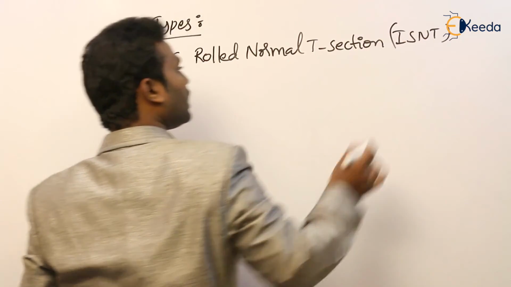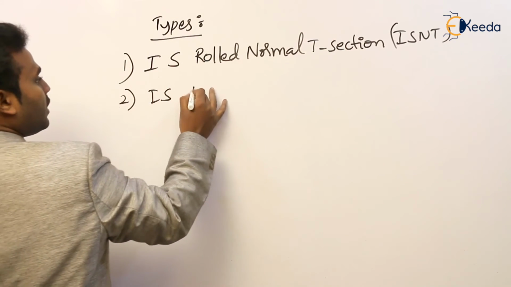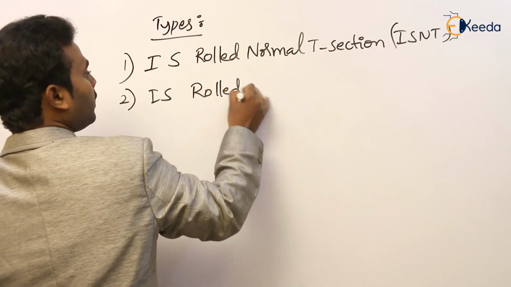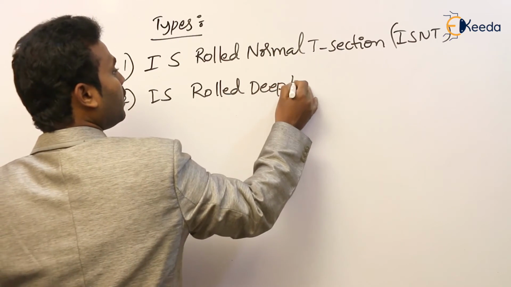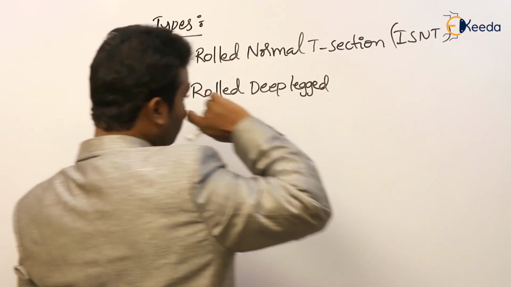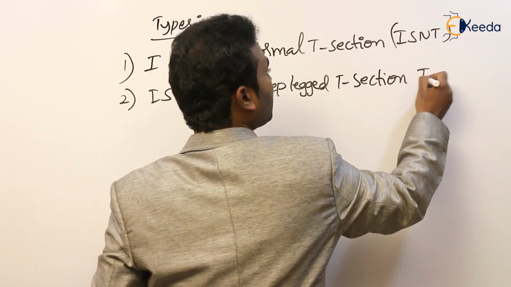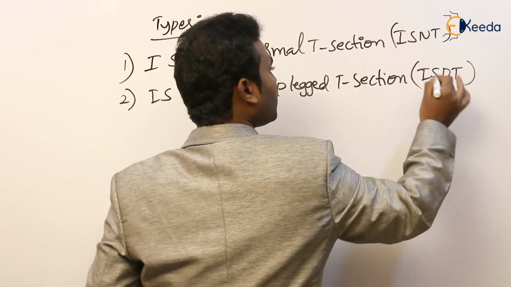Next, Indian Standard rolled deep legged, which means the length of the leg is more, so deep legged T section. It is represented with ISDT.